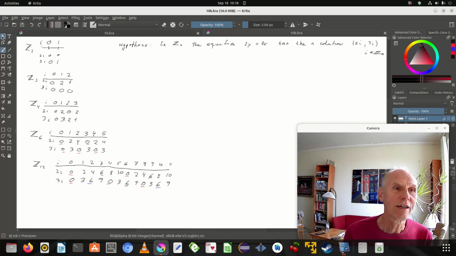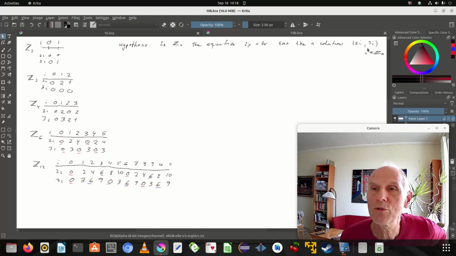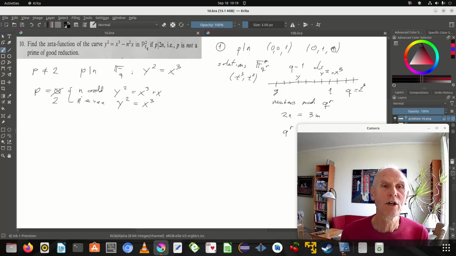I got the idea last time that the equation 2i equals 3x in Z_n has the solutions (2i, 3i) where i runs through Z_n. And that would give us the number of solutions to be exactly n, which here is q minus 1, which we needed over here.